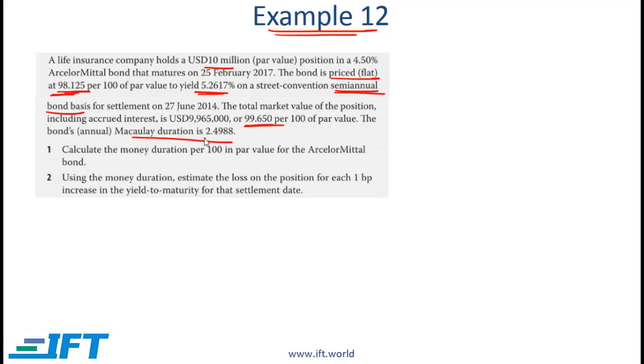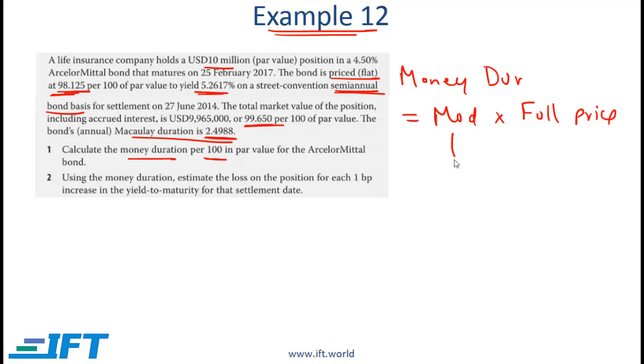We are also given the Macaulay duration. The question now is to calculate the money duration per 100 in par value. If you recall from the previous slide, the money duration is equal to the modified duration into the full price. What is the modified duration? We can calculate this using Macaulay duration, and that is 2.4988 divided by 1 plus R. And R is half of this number because we have a semi-annual bond.